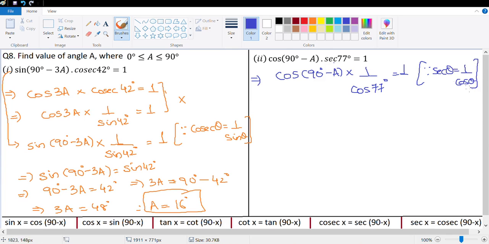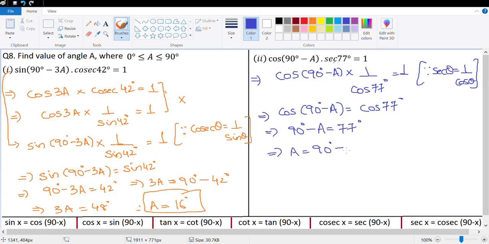Let's cross multiply. This gives me cos 90 degree minus A is equal to cos 77 degree, which means 90 degree minus A is equal to 77 degree, which gives me A is equal to 90 degree minus 77 degree. Therefore, A is equal to 13 degree.